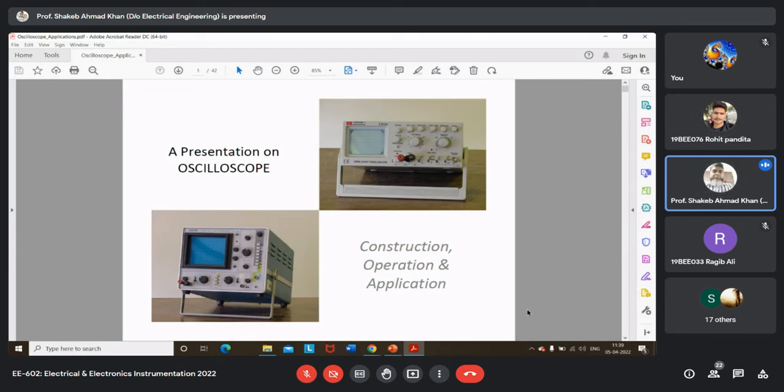Yes, sir. Okay. Anybody else want to add something? So you see, the oscilloscope is basically the eye of electrical and electronic circuits, you can say. Many things which you cannot see, although they are happening in an electrical and electronic circuit, you cannot see with your naked eyes.